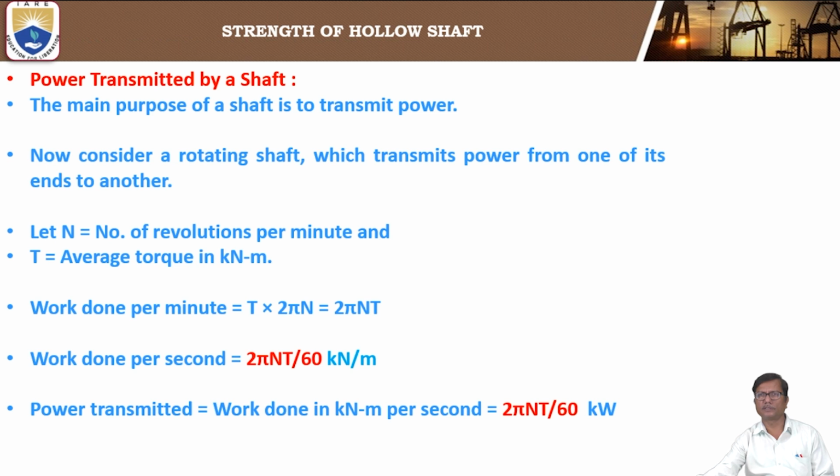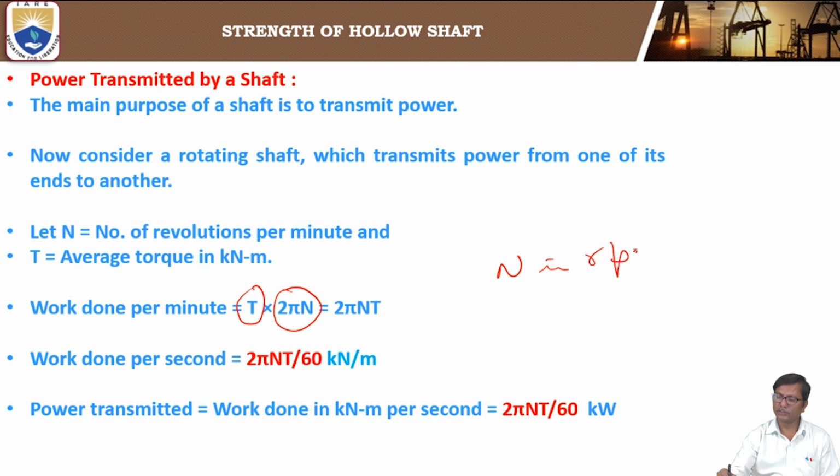And work done on the shaft due to the torque is twisting moment into angular displacement, 2 pi N, where capital N is the number of revolutions per minute.